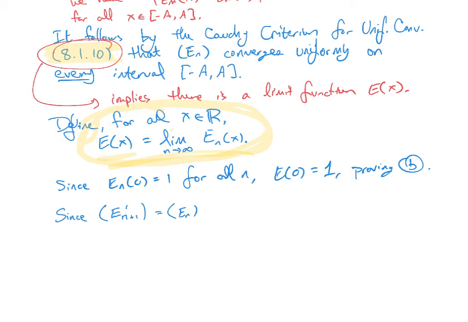So the sequence of derivatives also converges uniformly on any interval. We have to be a little bit careful here. We only did it on bounded intervals because that's the only place it can be true.